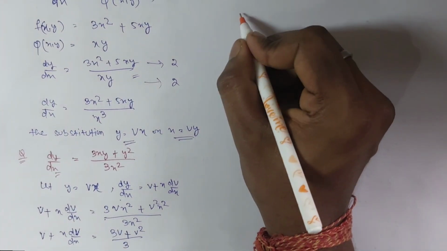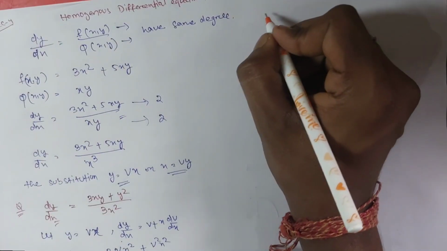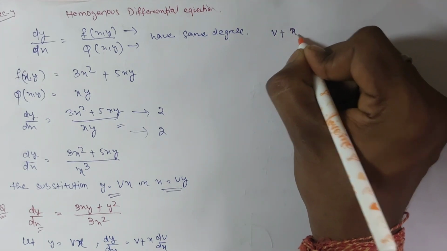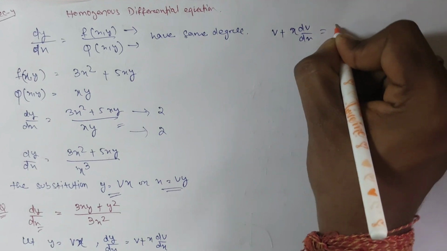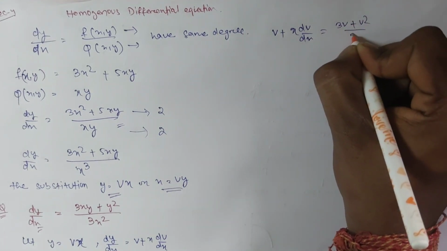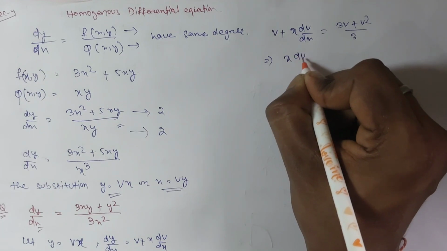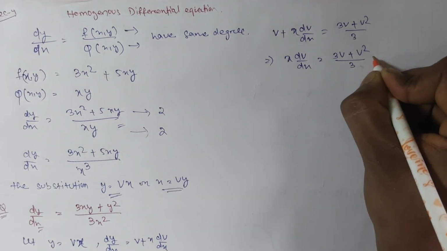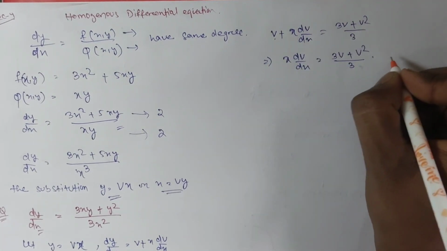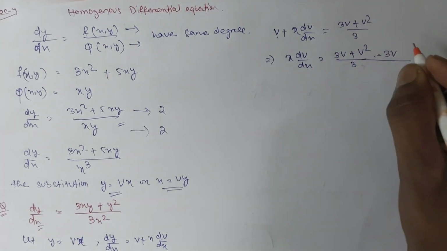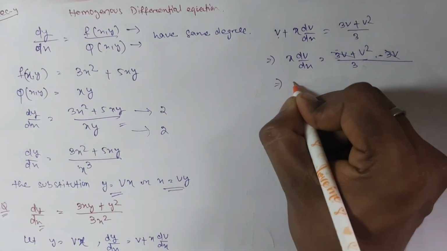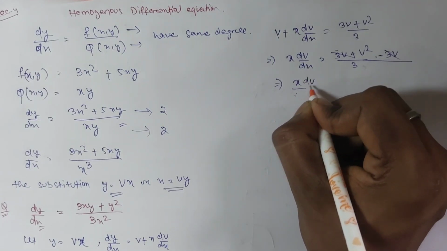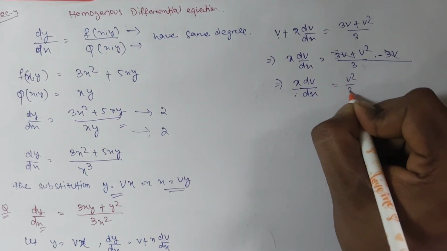Then x dv by dx equals (3v plus v squared) by 3 minus v, so we can write it directly as minus 3v by 3, and that cancels out, and then x dv by dx equals v squared by 3.